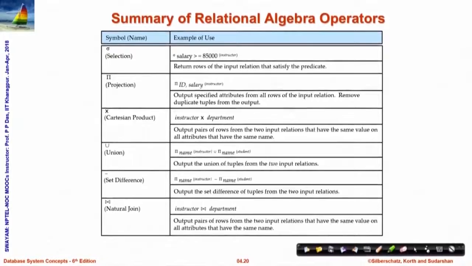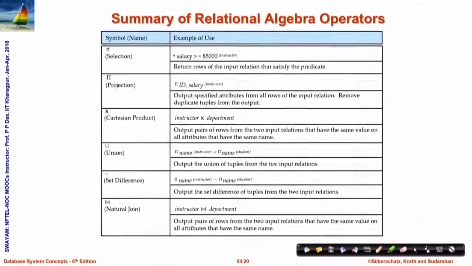We have shown that set difference can also be used to compute set intersection. So, it is not a fundamental operation, but a derived one. And we have shown a very interesting operation based on Cartesian product, selection and projection called natural join, where two tables can be joined based on one or more common attributes they have.